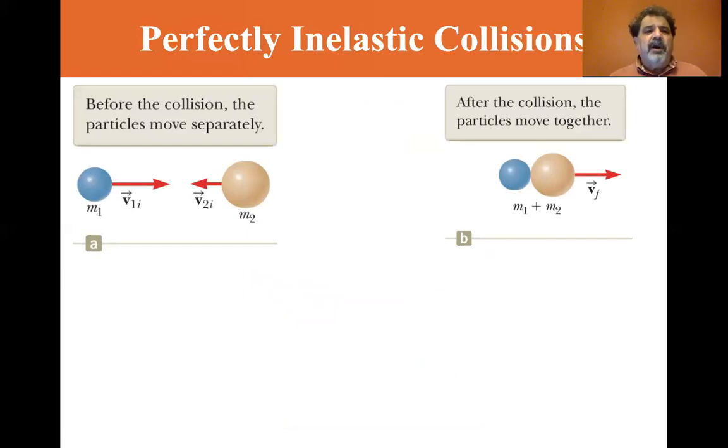In a perfectly inelastic collision, before the collision the particles move separately. After the collision, the particles move together. They stick and join one another. In this case the total momentum of the system as they approach each other is 0, assuming M1V1 is equal to minus M2V2, so they cancel.